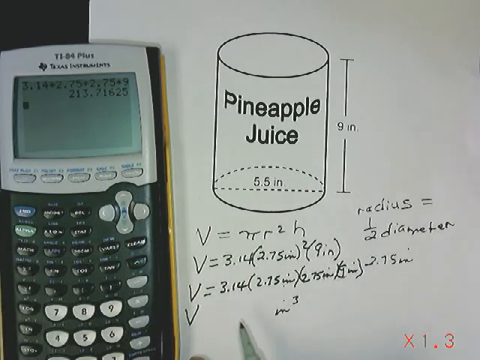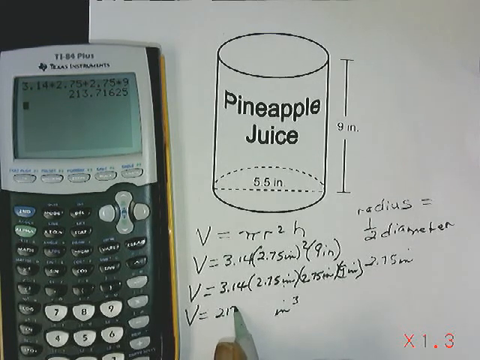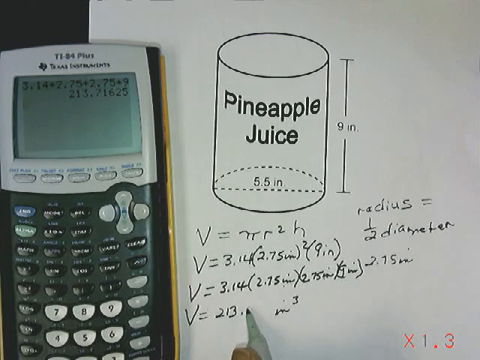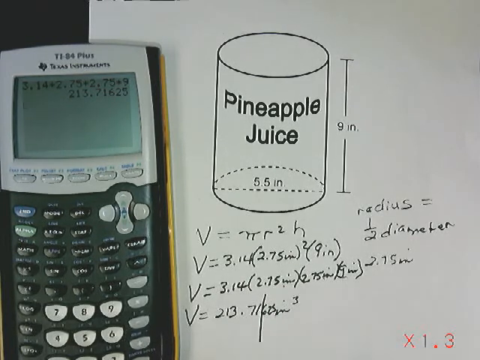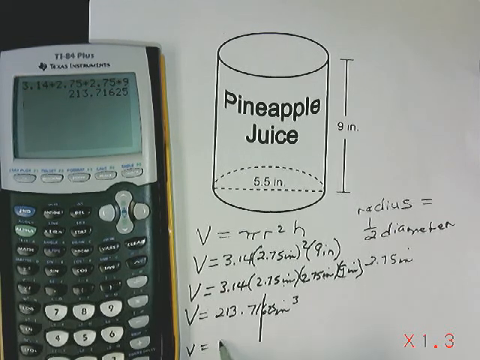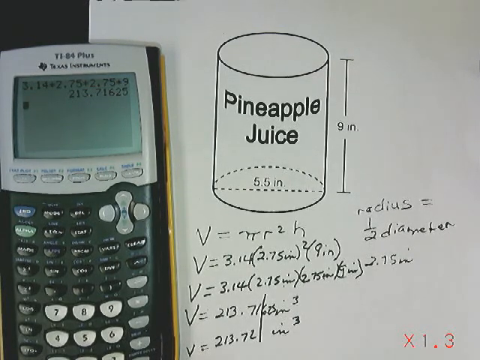Enter, and my answer is 213.7... Now I want to round that to the nearest hundredths. So I put my decimal here, my line, my divider. So V is equal to 213.72 inches.